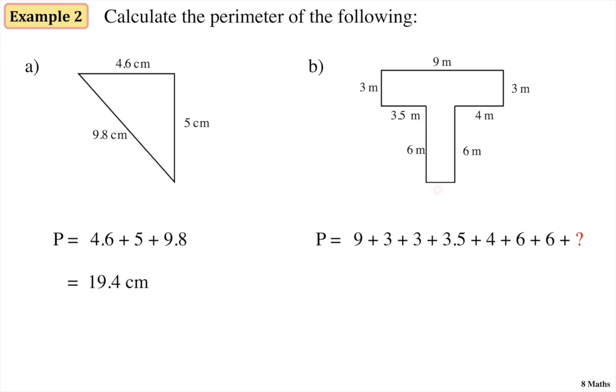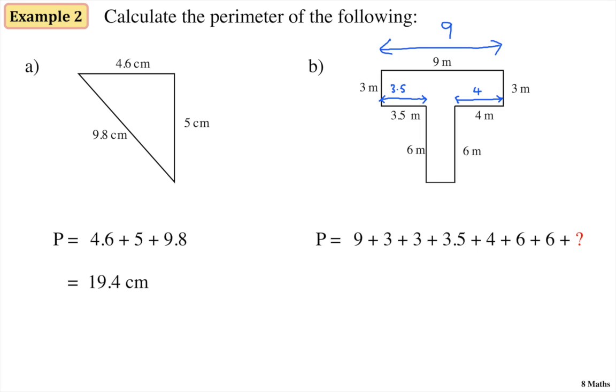I have to find out what that length is there first before I can do anything else. So what I'm going to notice is all of the way across is 9. And then when I look at it, I can see that this part here is 3.5. This part here is 4.